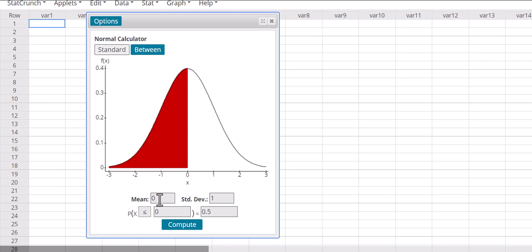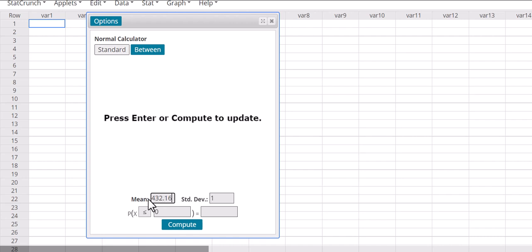And so we're going to put in our mean, the mean that we found, the n times p, which is 432.16. You're going to put in the standard deviation that we found, the square root of n times p times q, which we got to be 17.49.